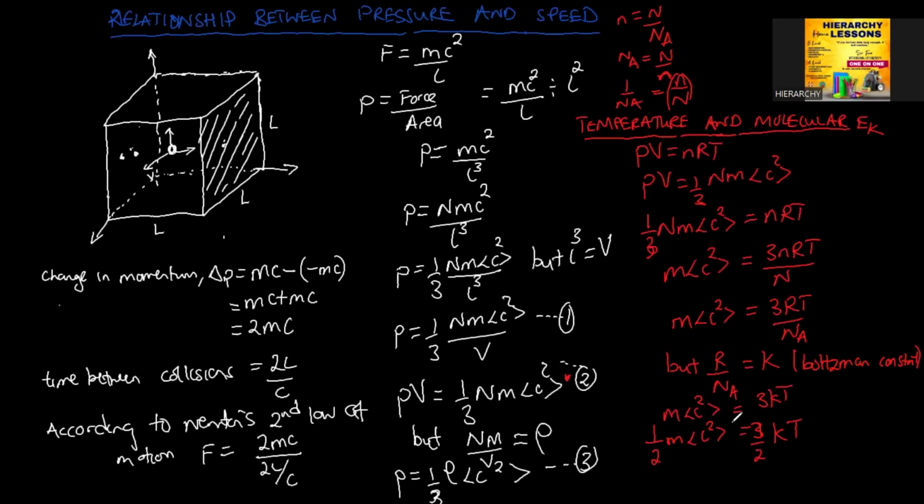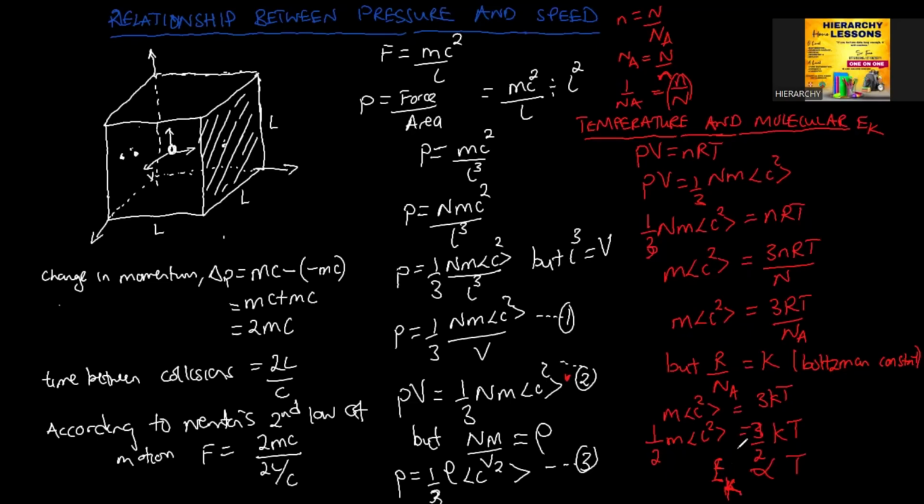From this relationship, we can see that the mean translational kinetic energy of an ideal gas is proportional to the thermodynamic temperature.